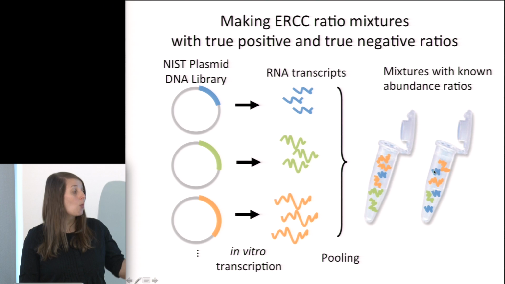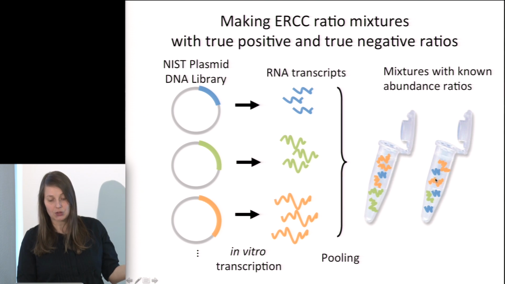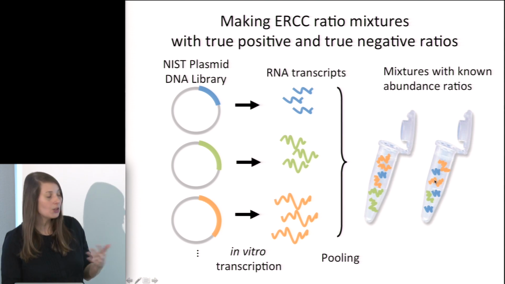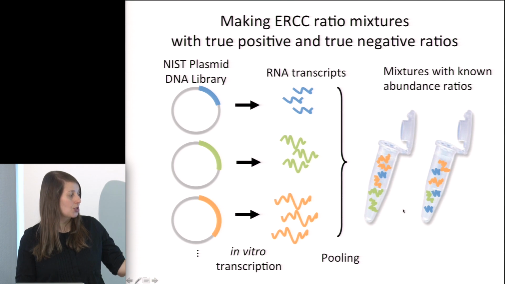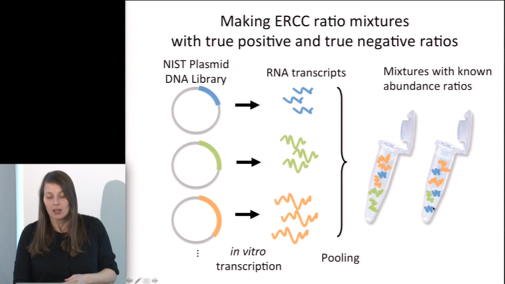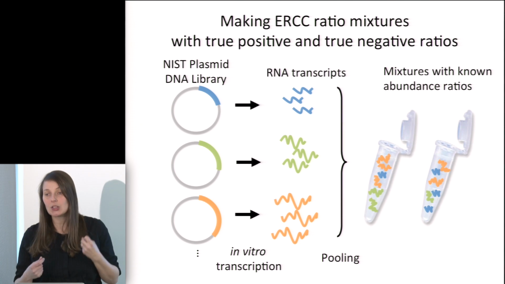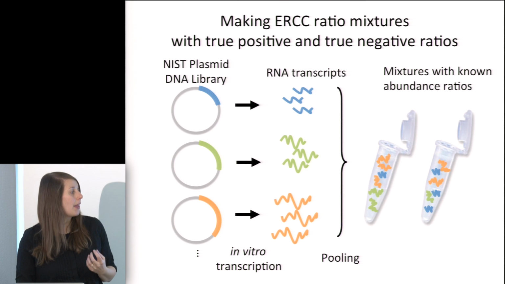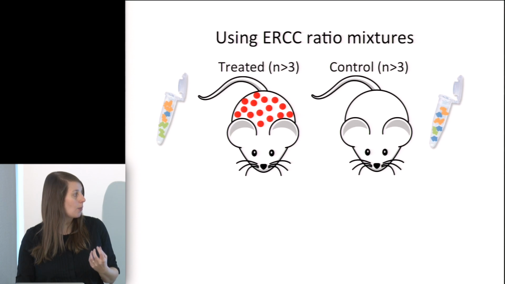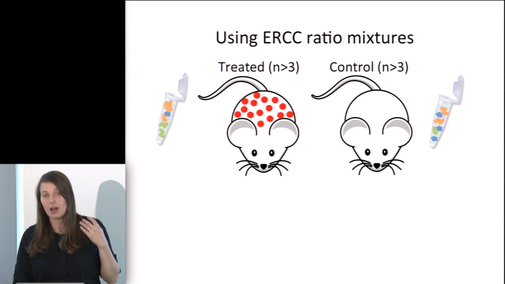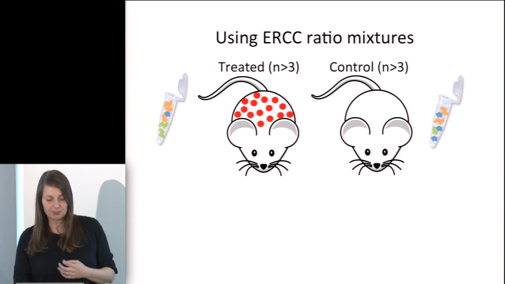So that's a 1-to-3 ratio between these two mixtures. And you can do opposite ratios, such as 2-to-1 for the green transcript. And so what that allows you to do is develop built-in truth with known ratios. And then we can use these controls in our RNA gene measurements in gene expression experiments.